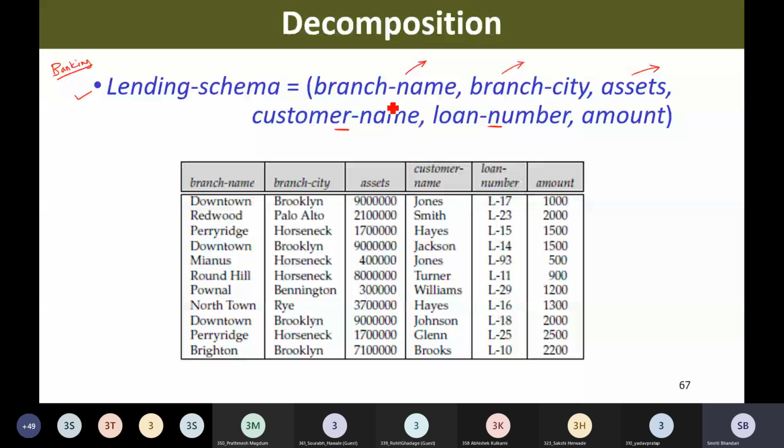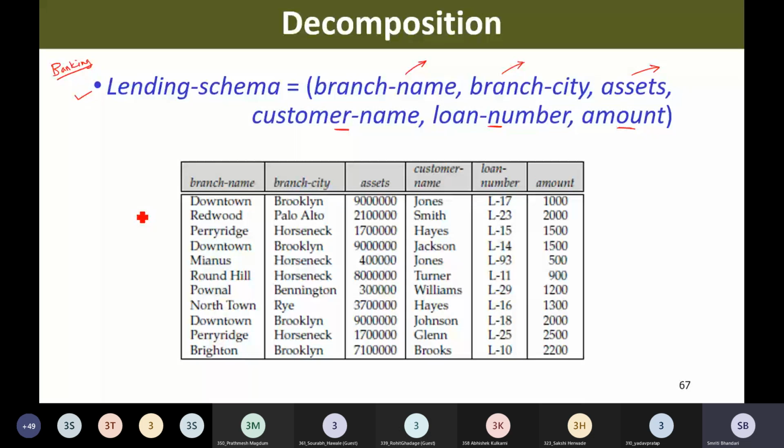So look at the screen. We have one instance of this schema. So we have branch name, branch city, assets, customer name, loan number and amount.